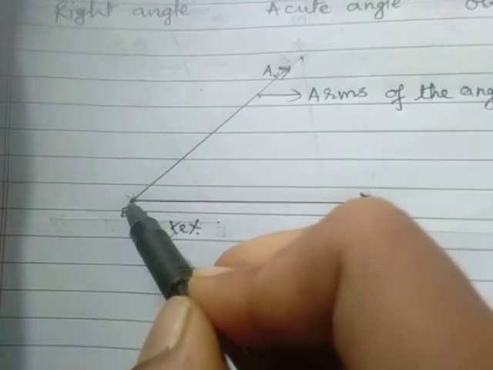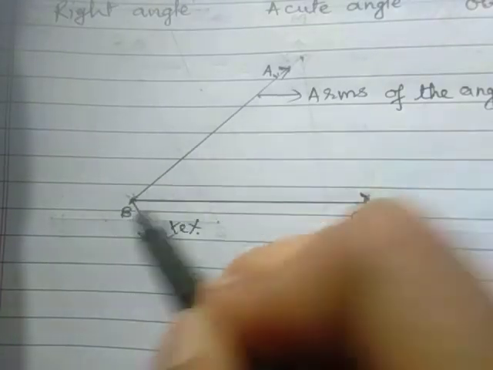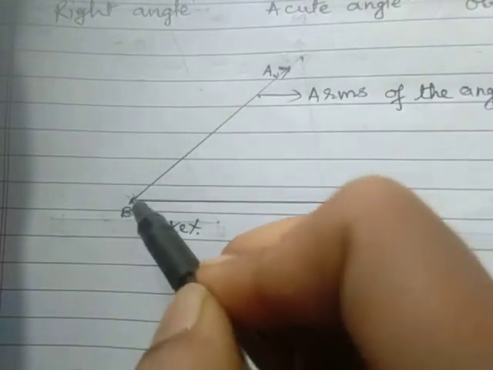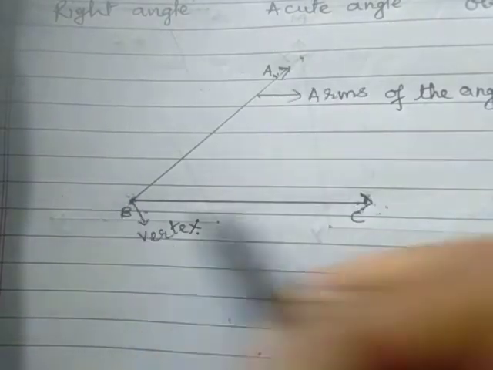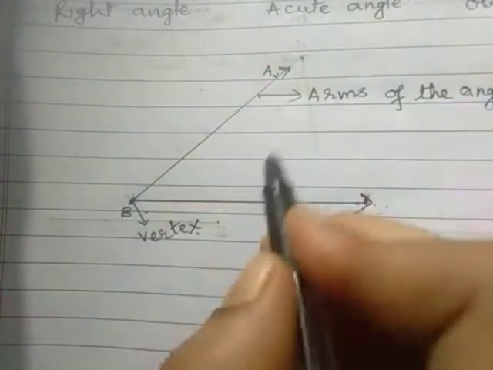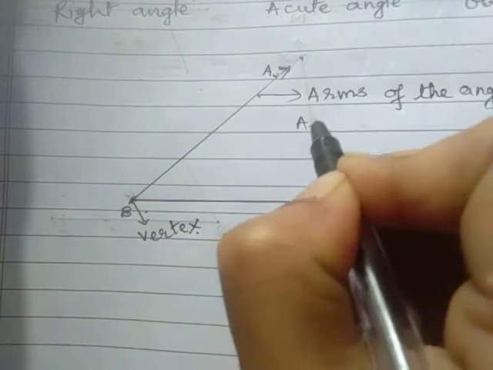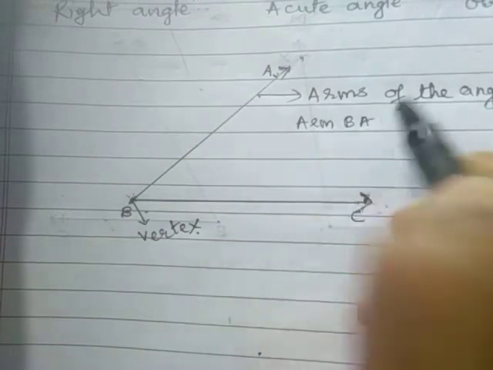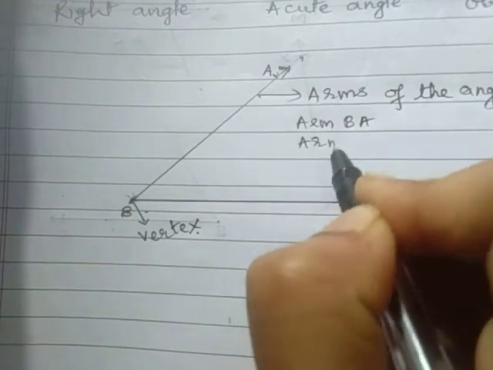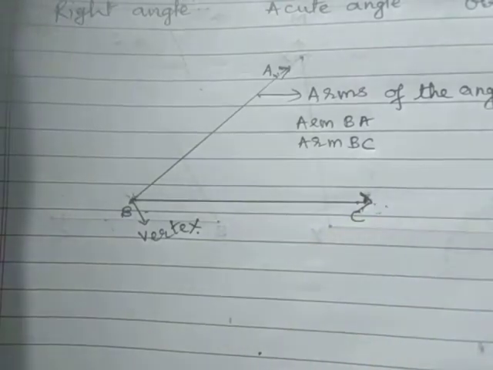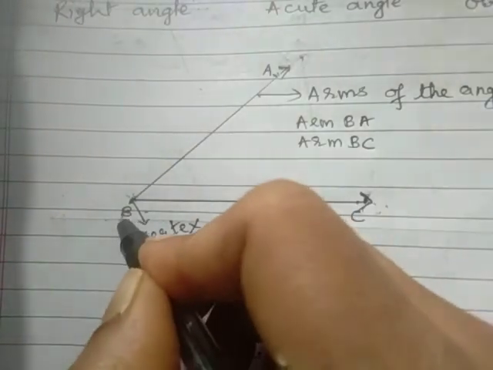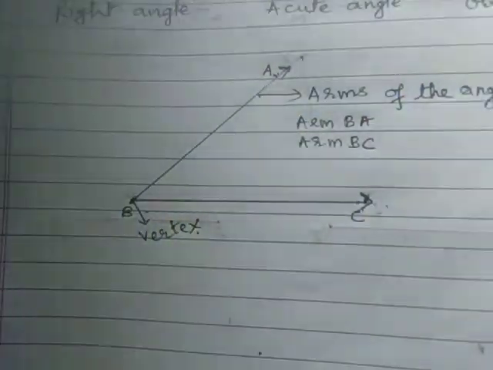So here the vertex is B, and therefore these two arms will be named arm BA and arm BC. Remember, there are two arms here, arm BA and arm BC. So remember this, students, whenever you are naming, you will always name it from the vertex.